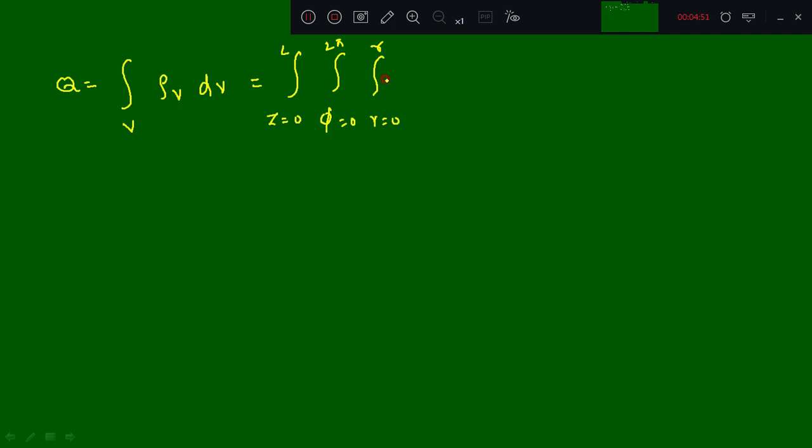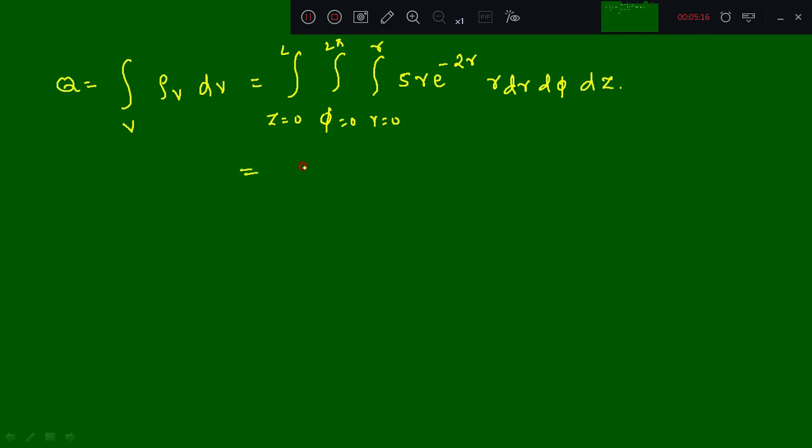Okay, so the rho v they have given. What is rho v? That is 5 r e raised to minus 2r, this is given, then dV you have calculated, r dr d phi dz. This you have to solve.